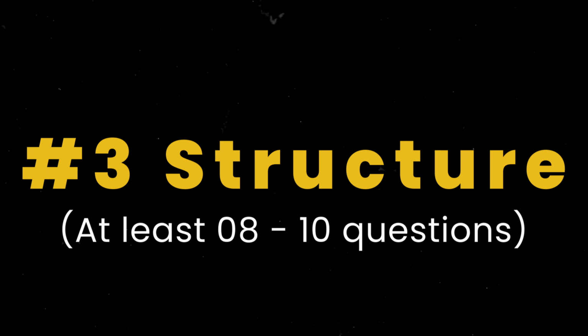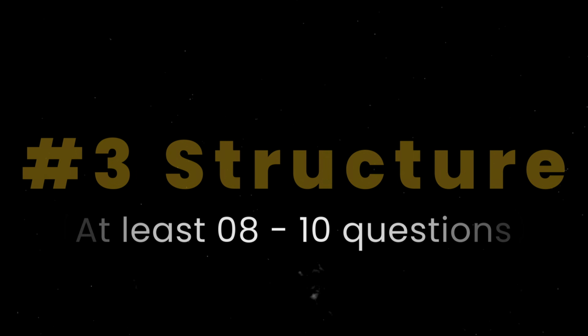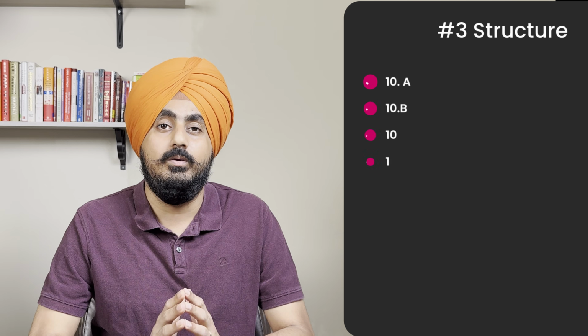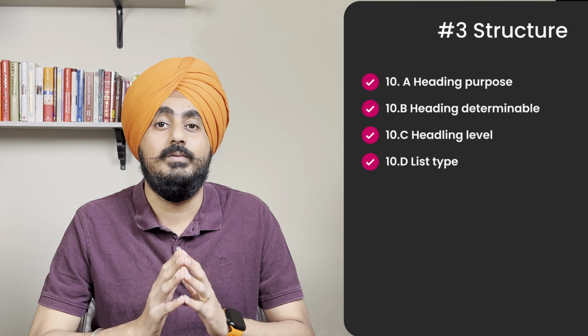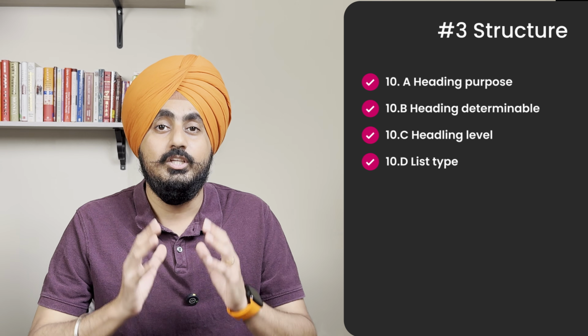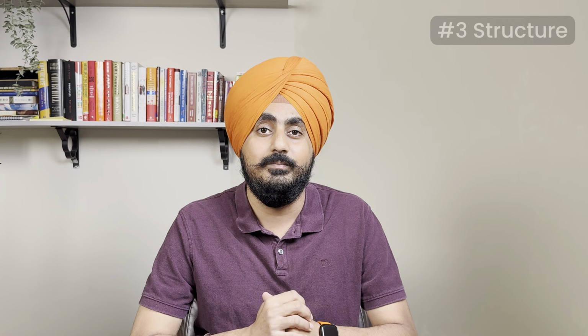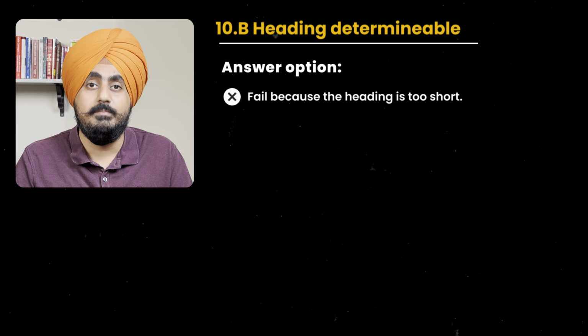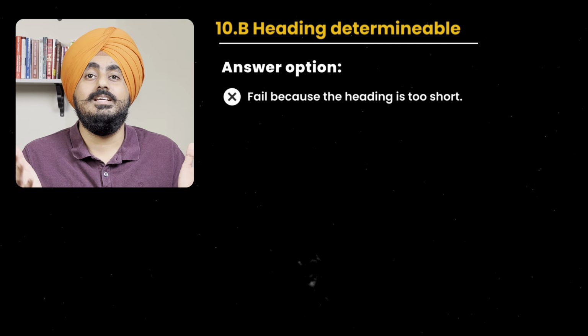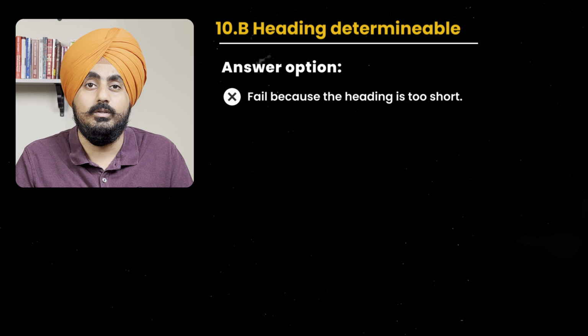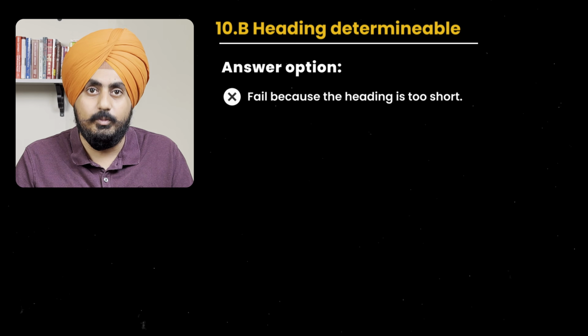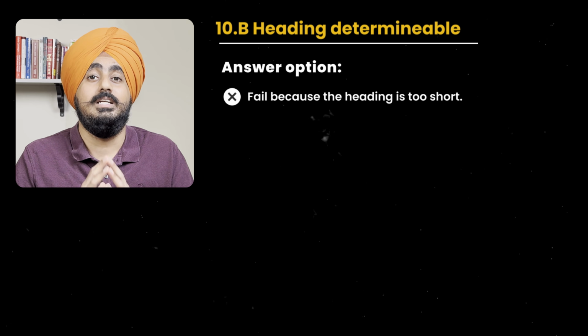This section looks harmless. Only 4 conditions. Most candidates don't worry about it. That's a big mistake, because this section contains some of the most deceptive answer choices in the entire exam. Take 10B, heading determinable test condition. You might see an answer that says fail because the heading is too short. Sounds reasonable, sounds professional, and sounds accessibility related.